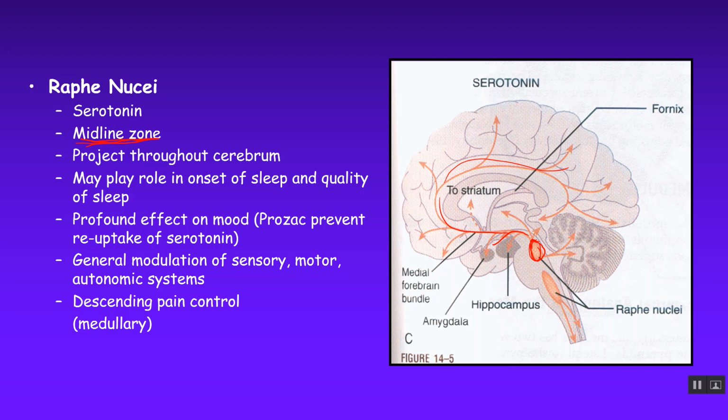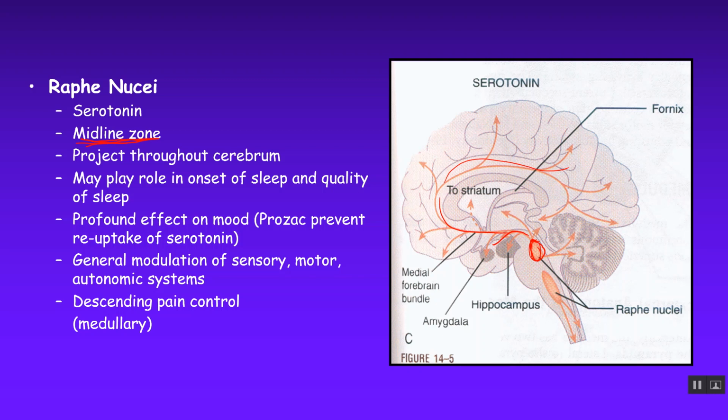Some of your drugs you're going to be tested on today, Prozac may help prevent reuptake of serotonin, so serotonin stays in your receptors longer. It has general modulation of sensory, motor, and autonomic nervous system. Because of such diffuse influence, it can influence lots of different aspects of sensory, motor, and autonomic system function.